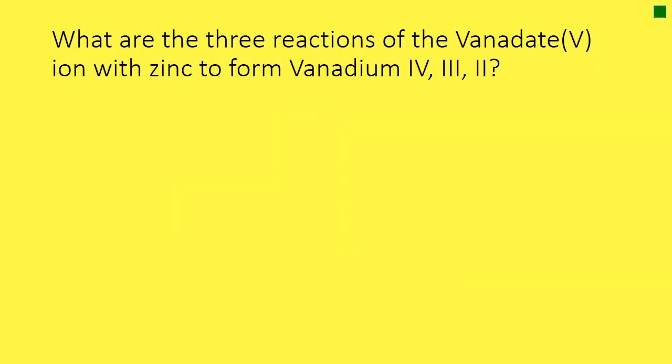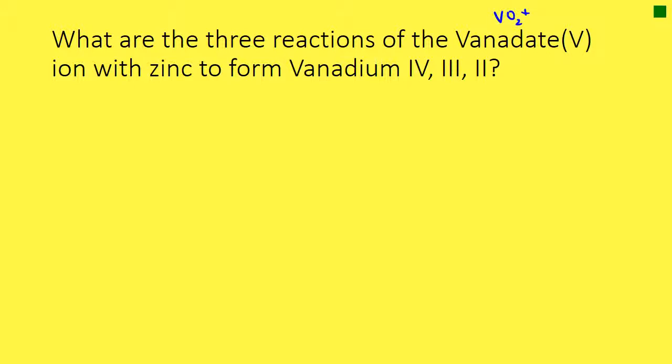So now we're moving on to three reactions involving the vanadium ions. Four different vanadium ions, in fact. The vanadate ion, you'll remember from the previous slide, is the VO2+.